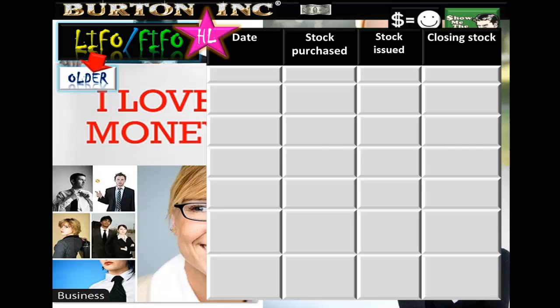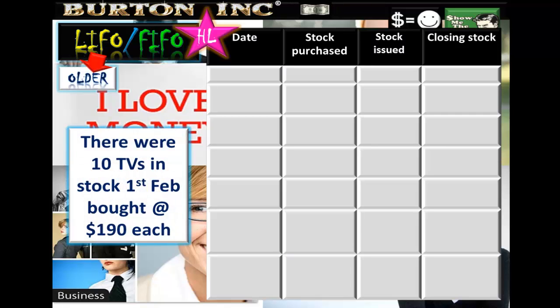The structure is important. We've got the date, stock being purchased, stock being issued, and a closing stock. What information are we going to be given? Here's the first. 10 TVs in stock on the 1st of February, and these were bought in at $190 each.